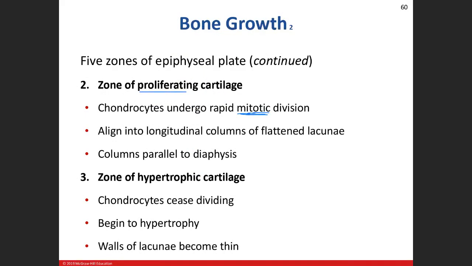When they do so, they keep pushing themselves further and further down, making a big stack of rapidly dividing cells. As we get further down, we start to flatten out the lacuna even more. These cell columns are going to be parallel to the shaft, or the diaphysis.